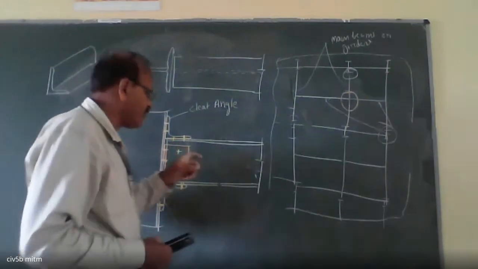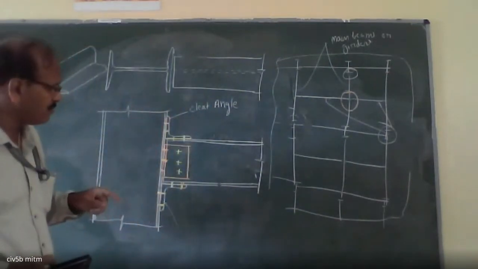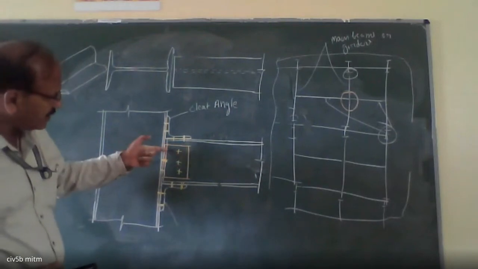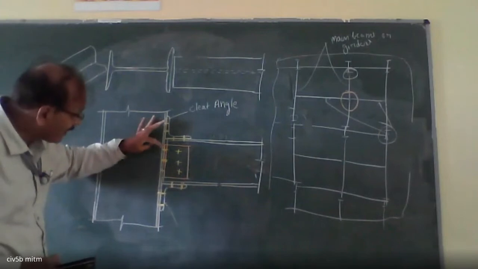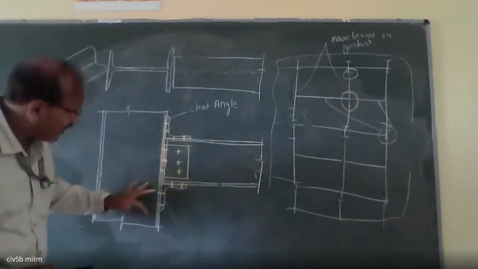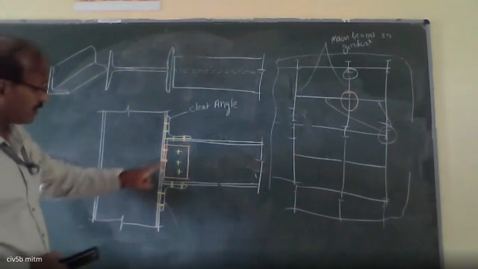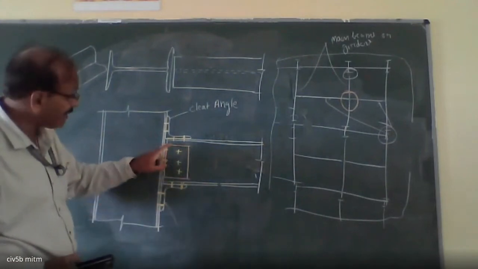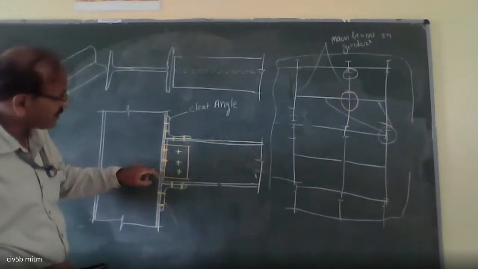connect one of the legs of the angle to the web of the I section of the beam, and the other leg of the angle is running perpendicular to the board. And we are going to connect this to the flange of the column through the bolts. Again, if you are not providing bolts, you can provide welds at the edges here, and also you can provide welds here.